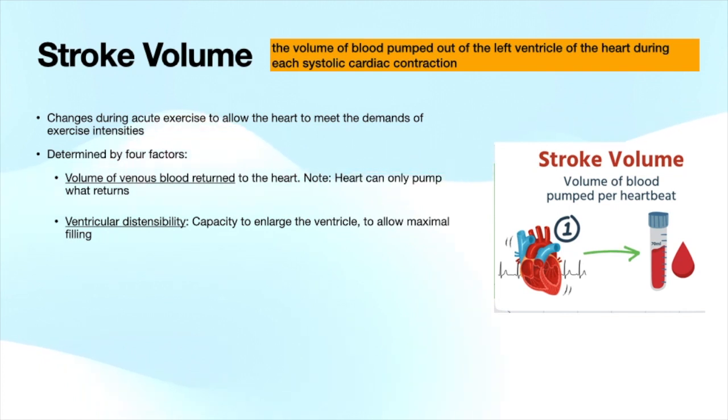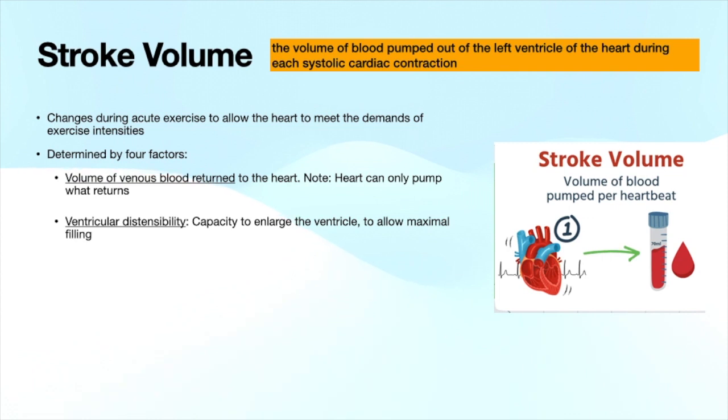Because if you can contain more blood in that chamber, of course, more blood will come in and then more blood can come out of that chamber. So more volume of blood will be coming out of that chamber. So the first two factors influence the filling capacity of the ventricle, right?